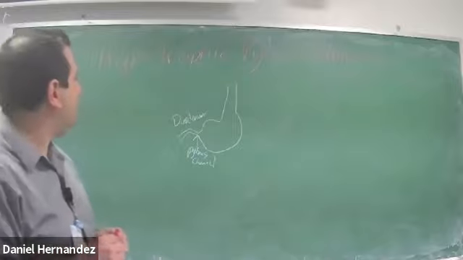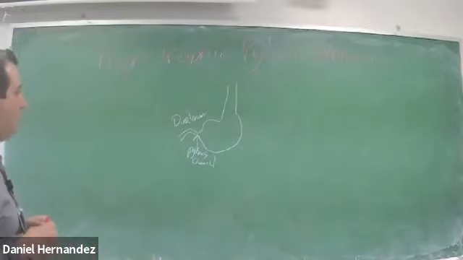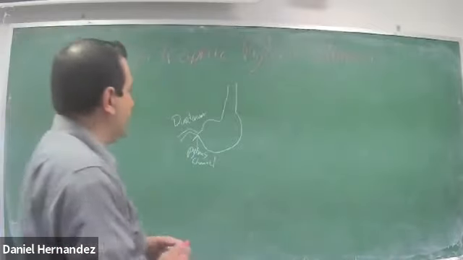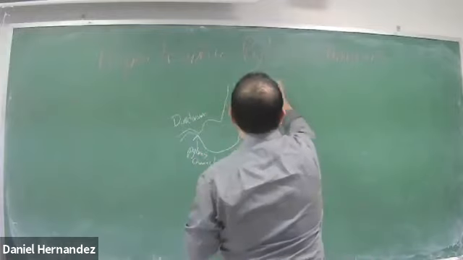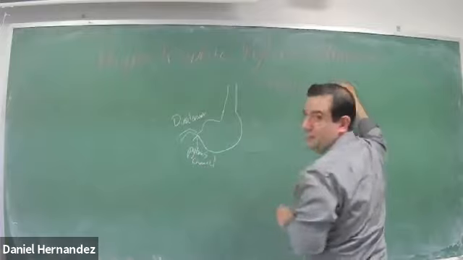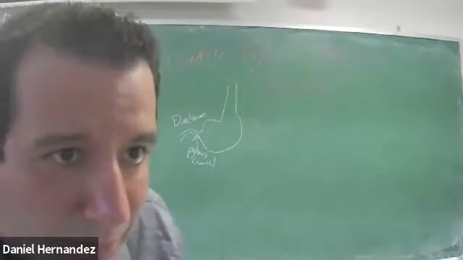So in this condition of hypertrophic pyloric stenosis, we get an abnormal hypertrophy of that pyloric muscle. You guys can't really read the red too well.